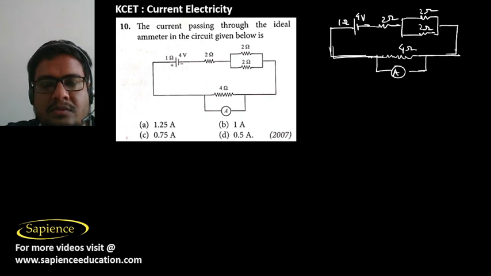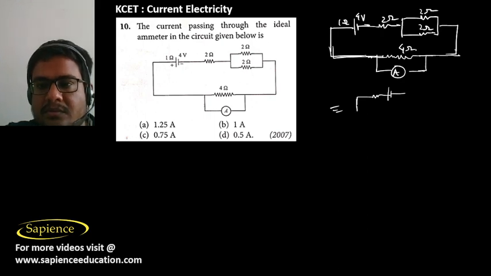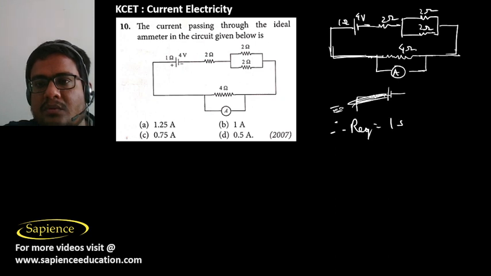So here, 2 ohm and 2 ohm are connected in parallel, therefore their equivalent is 1 ohm. Therefore the R equivalent will be equal to 1 ohm.